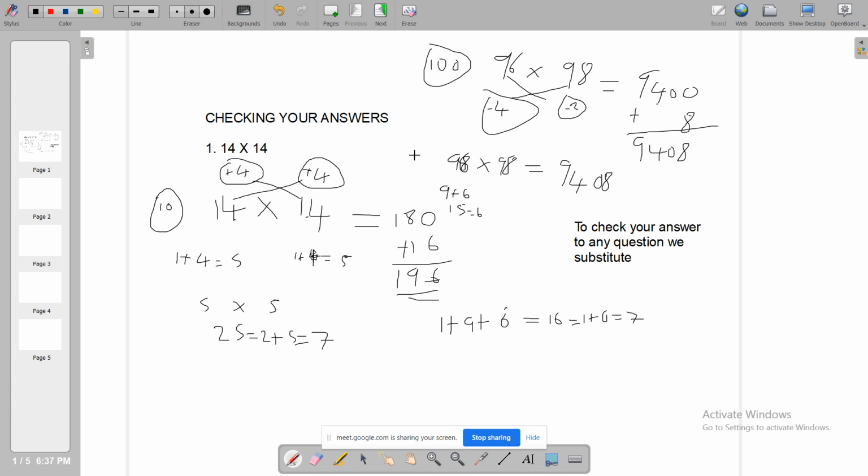Yes. So now let's come here. This one too is what? 98, which is 9 plus 8. So 9 plus 8 will give us 17. When you find a substitute for 17, it will be 8, right?